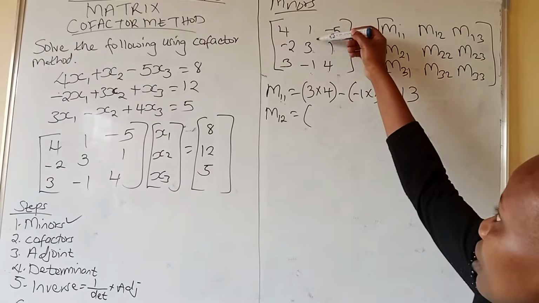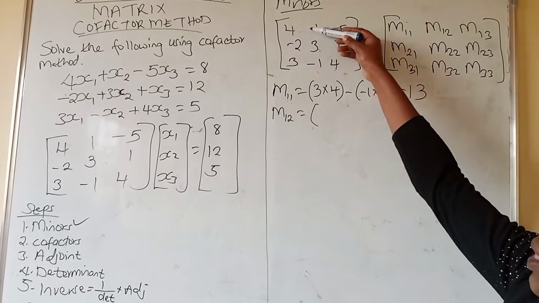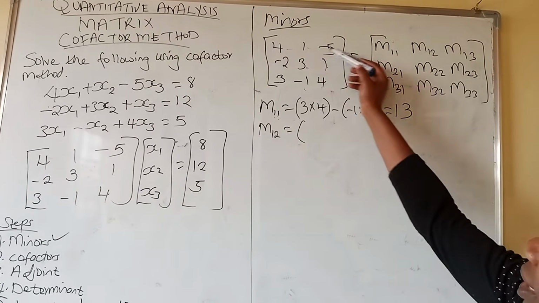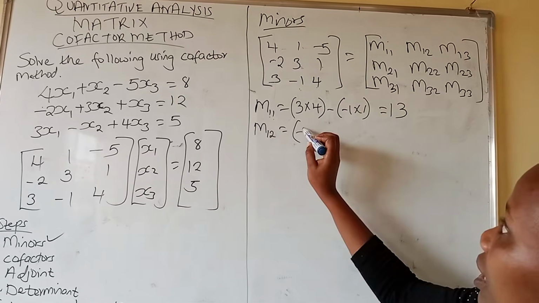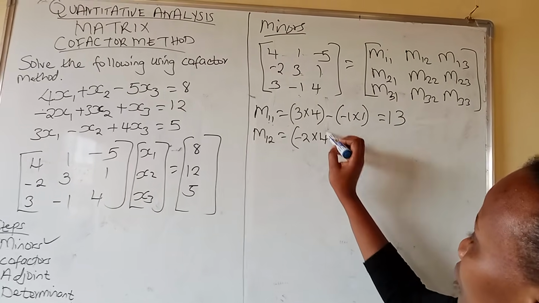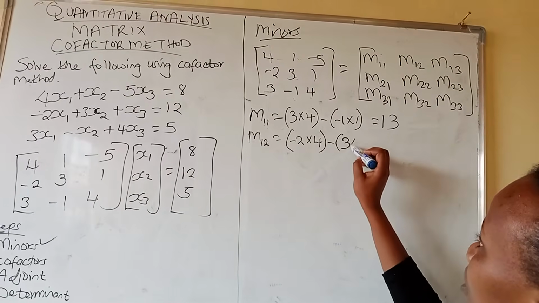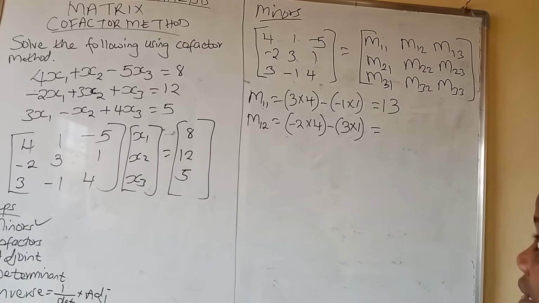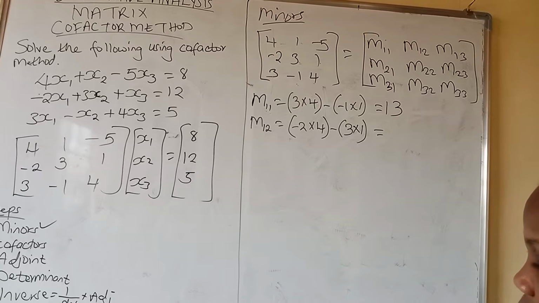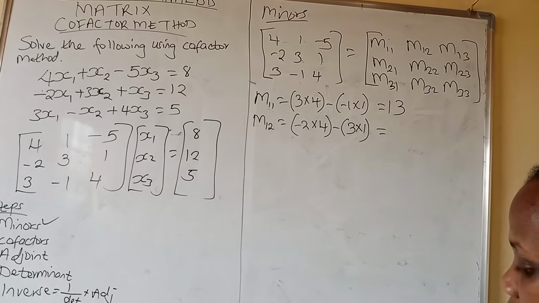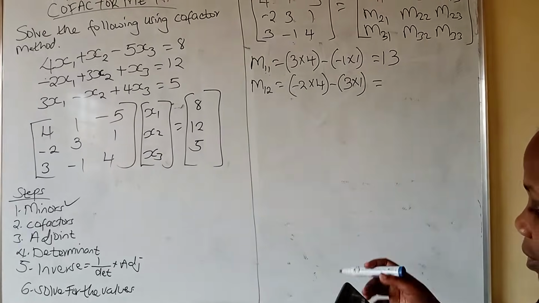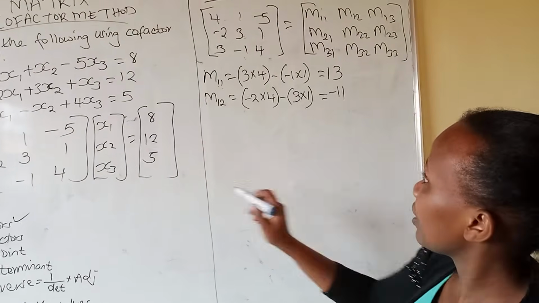Then next M12. Get M12, the values that are not in row 1 and column 2, which are negative 2 and 4, less 3 times 1. So you are going to get negative 2 times 4 less 3 times 1, and I'm going to get negative 11.